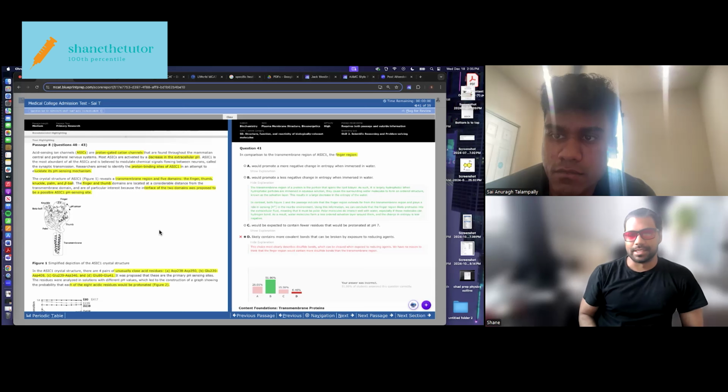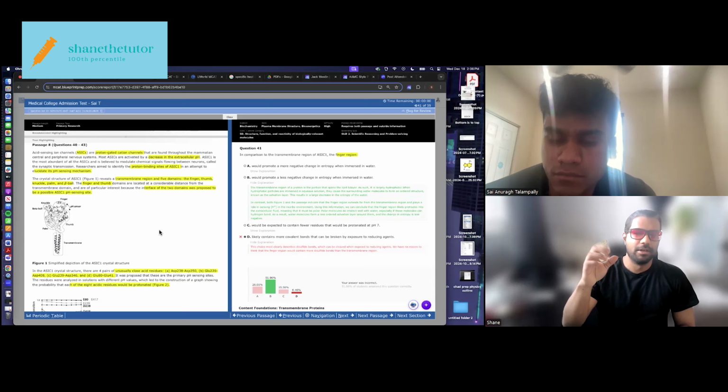hydrophobic interactions, etc. So the MCAT predominantly tests your ability to link transmembrane regions to hydrophobic residues, and non-transmembrane regions, meaning either facing the outside of the cell or the inside of the cell, to hydrophilic residues.